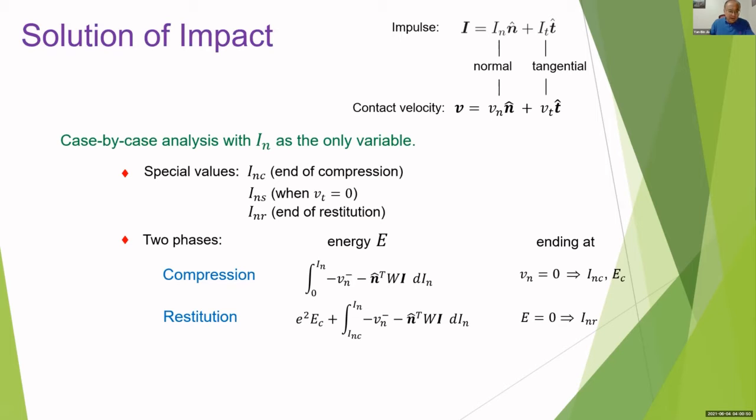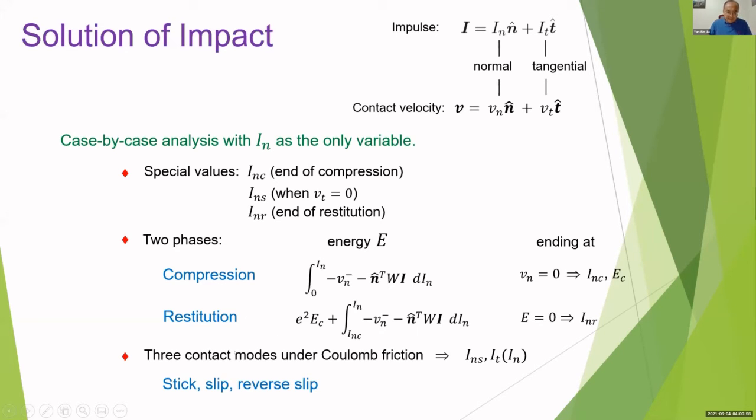The third is the end of restitution, because we're using energetic restitution, so we track the energy. Then you also track the contact modes under Coulomb friction. There are 3 kinds of modes: stick, slip, and reverse slip.